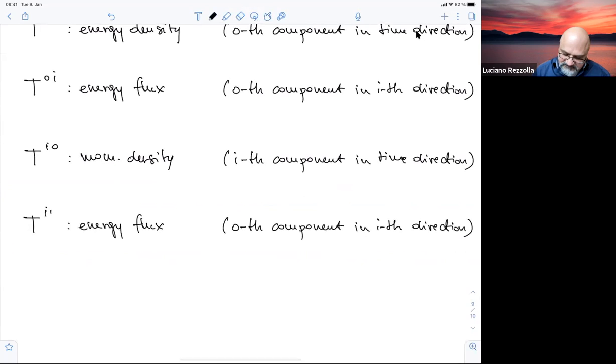So Tij, this is again a momentum flux now, and so this will be the ith component in the jth direction.